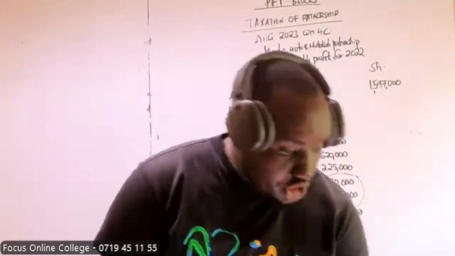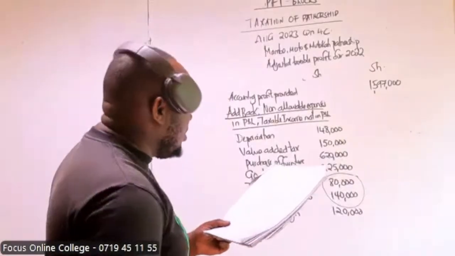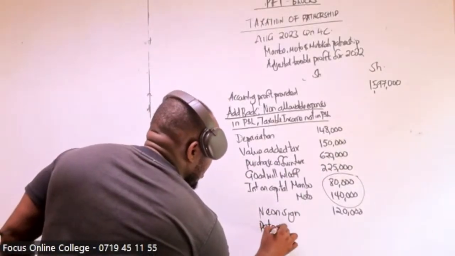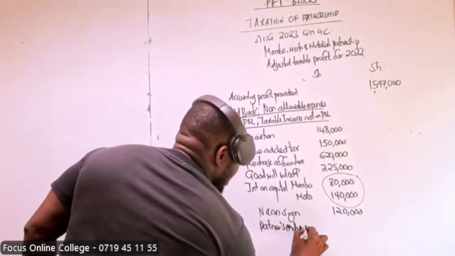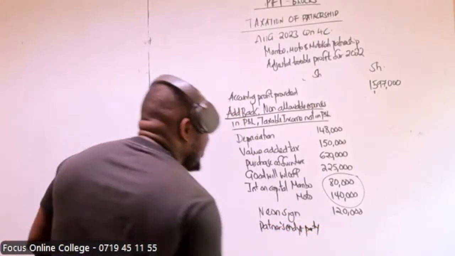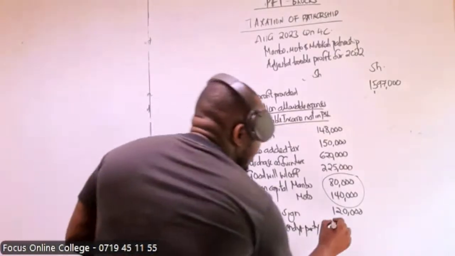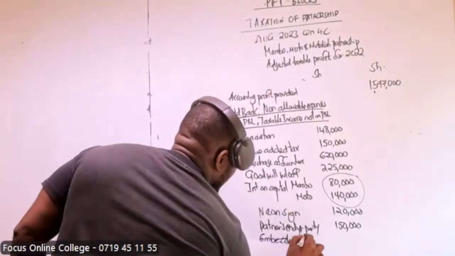So then we proceed to the next additional information on general expenses. We have partners and year party. For the partners and year party, the figure again is 150. We have it as 150.